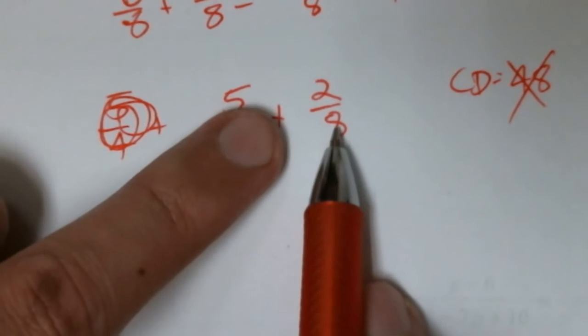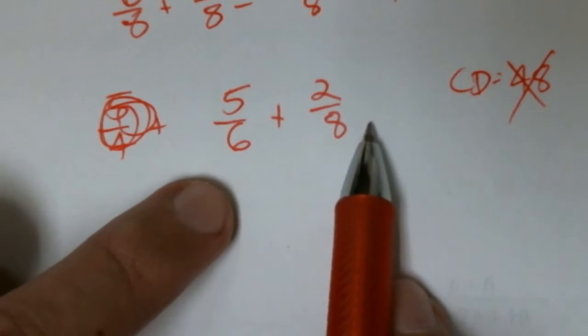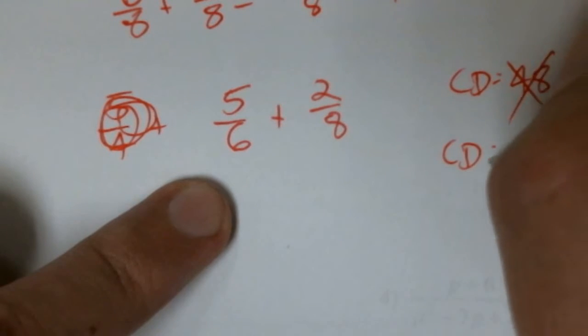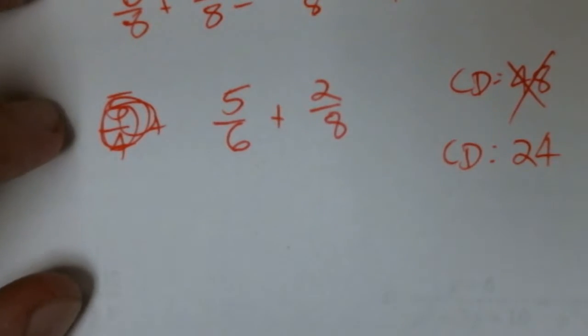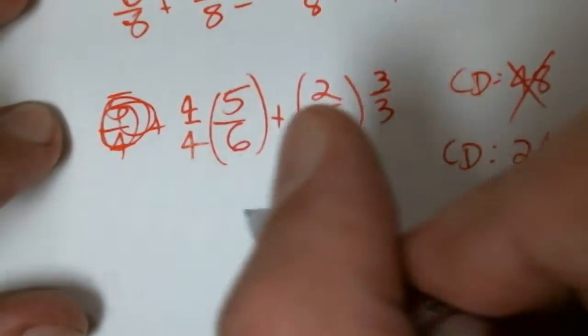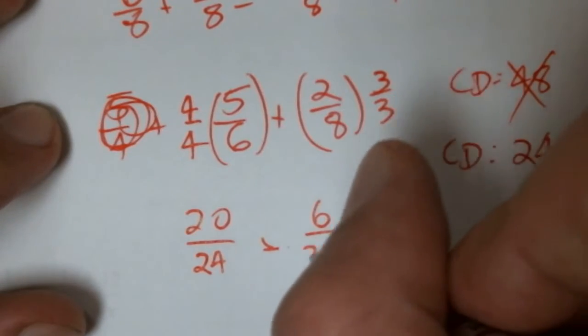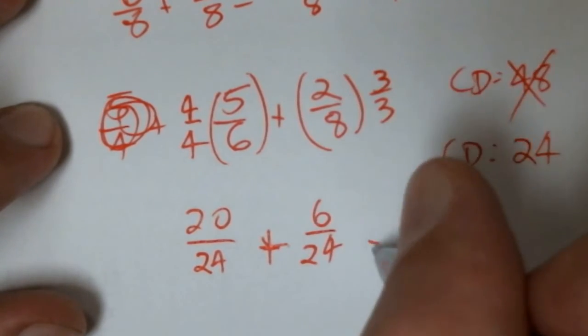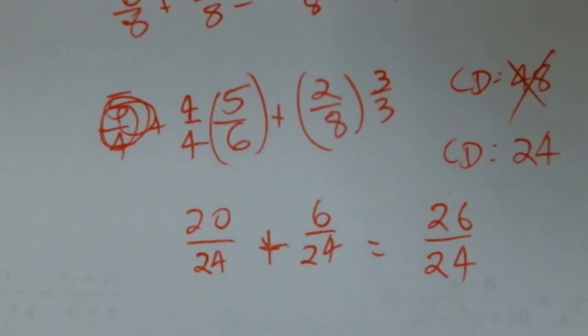No. What if I triple it? 3 times 8 is 24. Does 6 go into 24? Yes, it does. So the common denominator, or least common multiple, is actually 24, something you learned in elementary school. To get 24, this one needs a 3 over 3, and that one needs a 4 over 4. So I'd have 20 over 24 plus 6 over 24, which is 26 over 24, and I can go on to simplify that fraction.